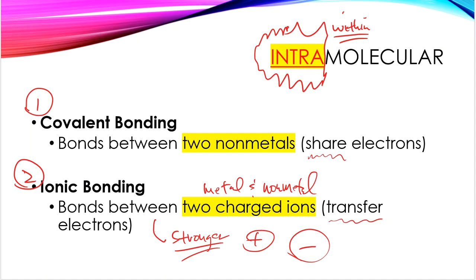So that transfer is taking place. And because it's making full-blown charges here, it's harder to rip that relationship apart. It's harder to break them up. Because at this point, after the first date, they're probably already married and they're probably going to have babies next week. That's kind of the relationship that's happening here in the ionic bonding glue that keeps these molecules together. Covalent bonding, it's easier to rip those apart.